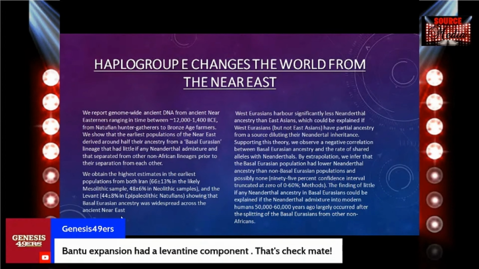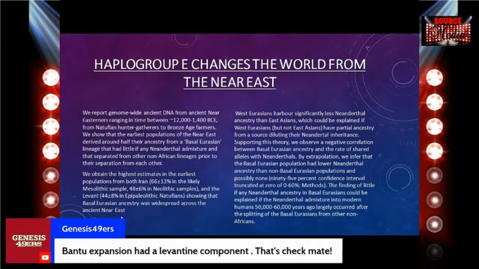Western Eurasians harbor significantly less Neanderthal ancestry than East Asians, which would be explained if Western Eurasians have partial ancestry from a source diluting their Neanderthal inheritance, and that's coming from us, E markers, man. Supporting this theory, we observe a negative correlation between basal Eurasian ancestry and the rate of shared alleles with Neanderthals.